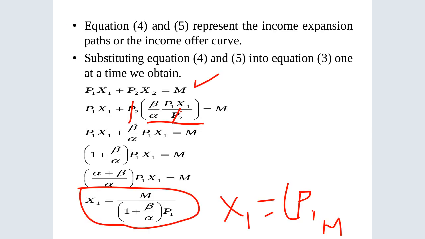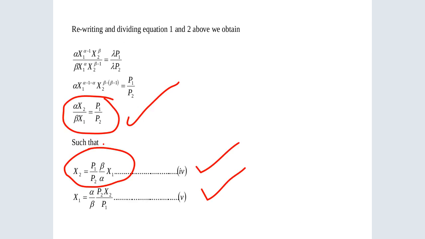Can go back, replace again X2. Now instead of X1 here, we now replace it with what X1 is from our function. So X1 is equal to this function here.